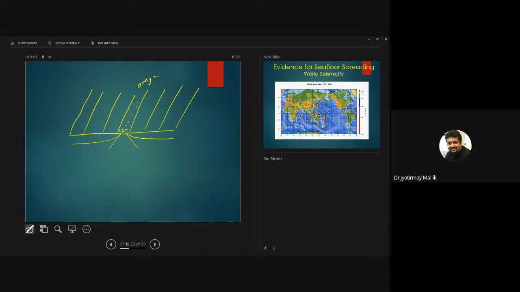Maybe this is 1 MYA, 1 million years, 1.5 million years ago. This is 1.6 or so. Similarly, here you will find 1.5, right? Because we have seafloor spreading this way as well and this way as well. So the moral of the story, the rocks are older as we are moving away from each other.